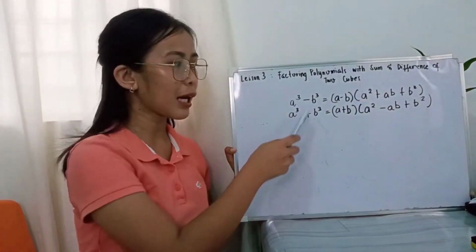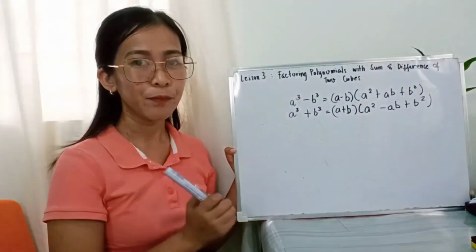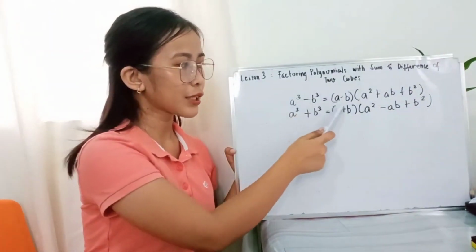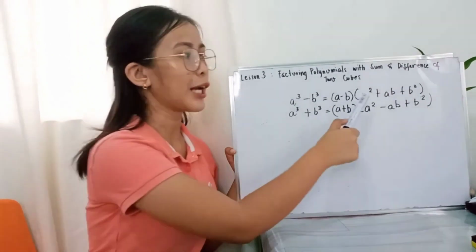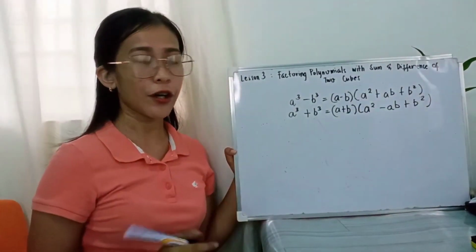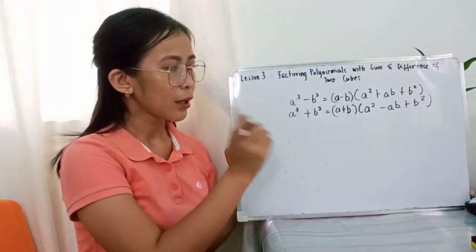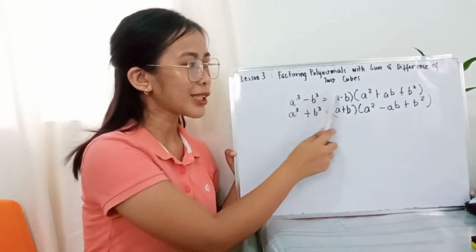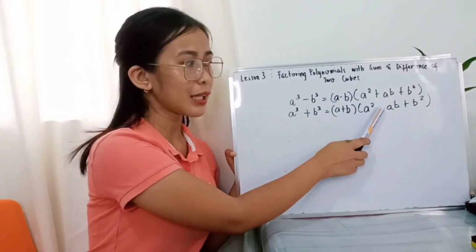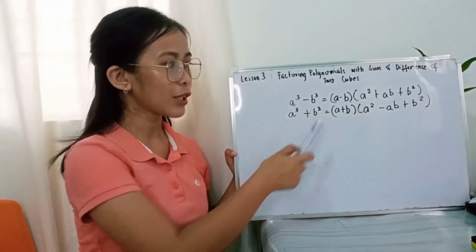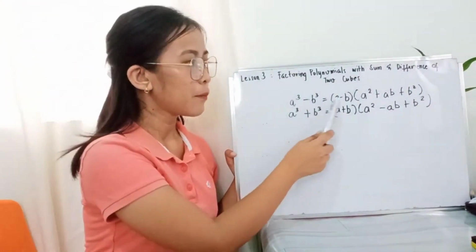Tandaan nyo, kapag negative or minus yan, palaging ang first factor is minus and then plus na yung dalawang operation na nasa kabilang factor. Kapag naman siya ay plus, plus dito, minus, minus, plus, plus, and then dito naman magiging minus siya sa gitna and then plus sa dulo. So, ganito ang palatandaan natin dyan.